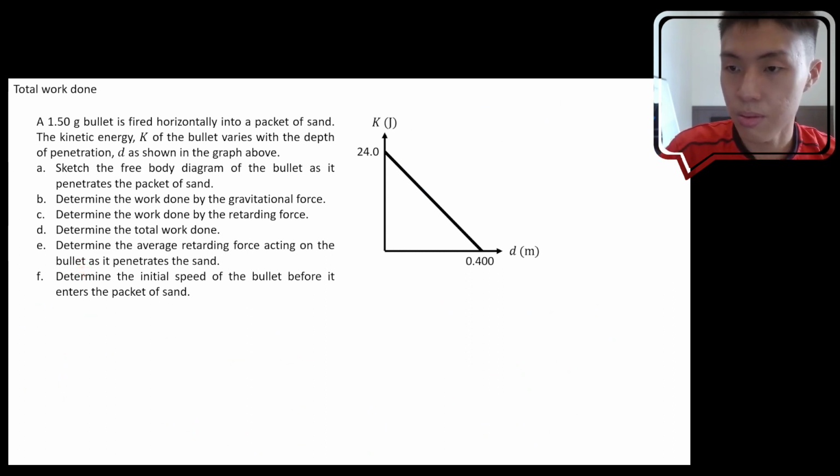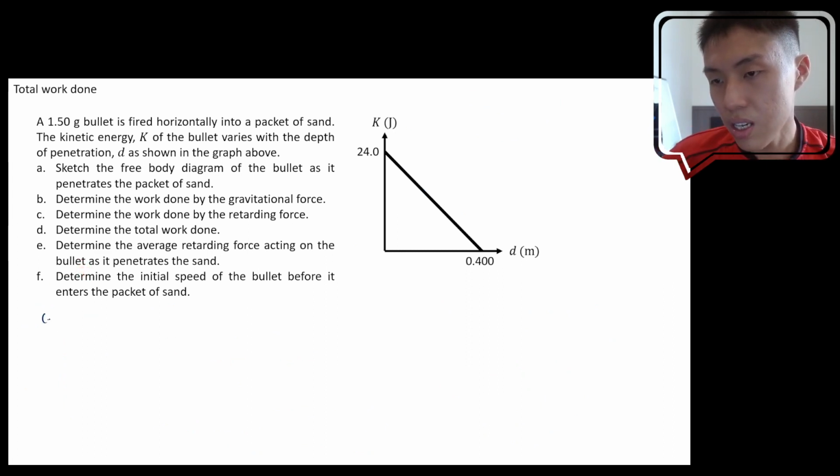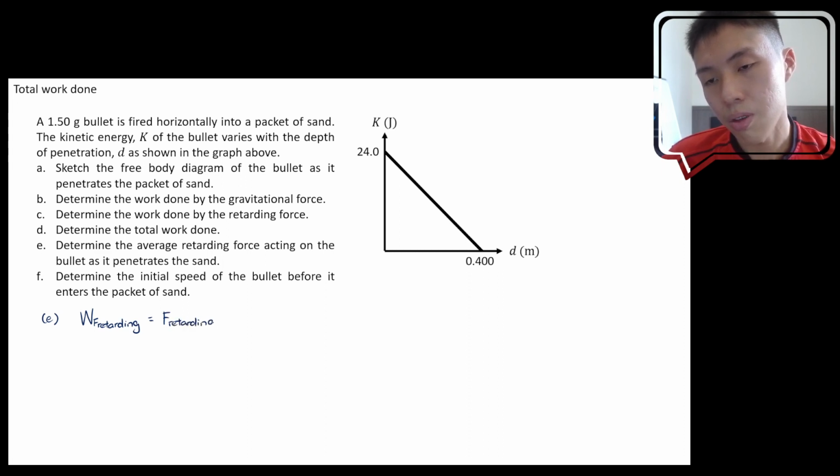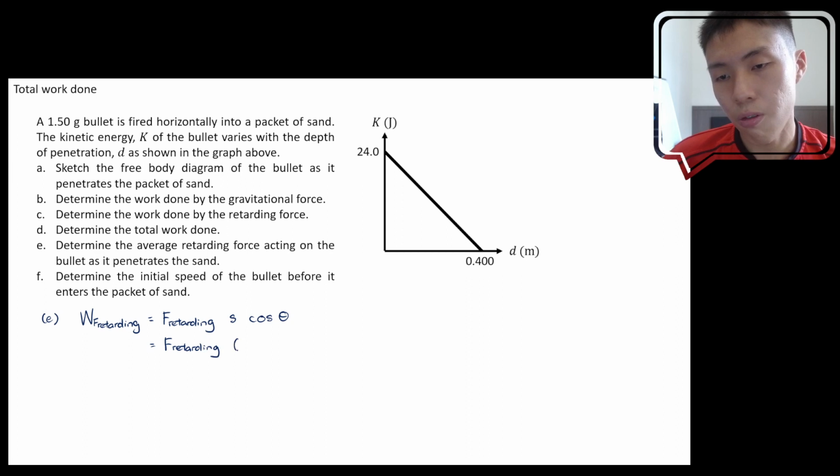So let's try to do it on another page. Question E. You are aware that work done by the retarding force over here is equal to F retarding, the retarding force, multiplied by S multiplied by cos theta. Just now we already filled in the value for S. The value for S is the depth of penetration, the maximum depth of penetration, which is 0.4.